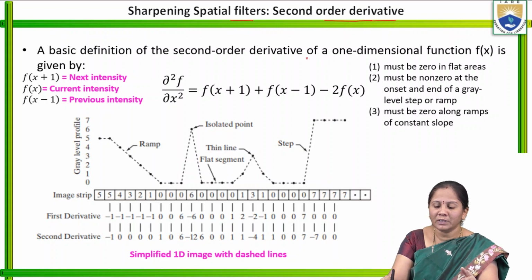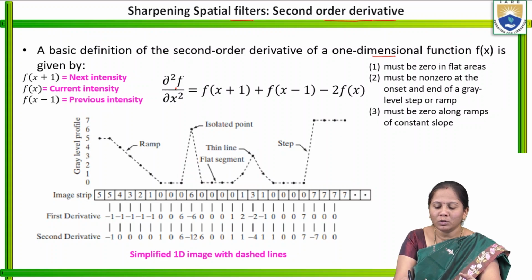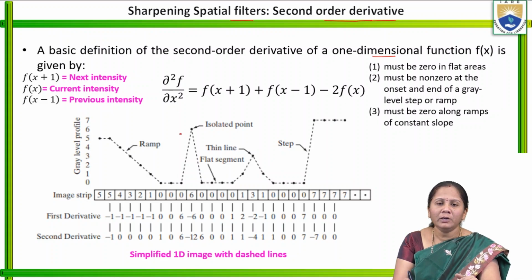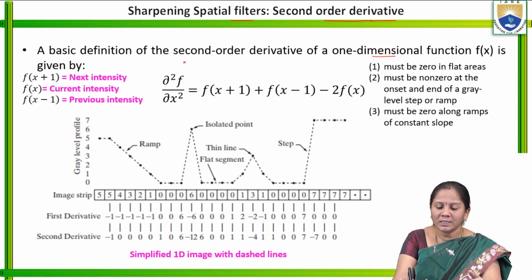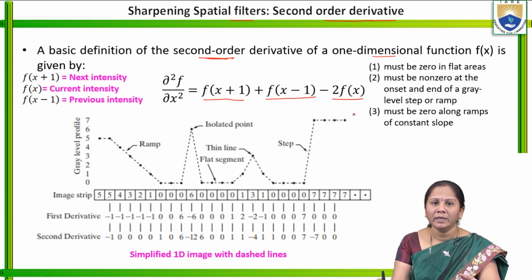The basic definition for the second order derivative of a one-dimensional function f of x is defined as dou square f by dou x square. If it is the first order derivative, we get dou f by dou x. As this is the second order derivative, we have to write square here. So dou square f by dou x square is equal to f of x plus 1 plus f of x minus 1 minus 2f of x.